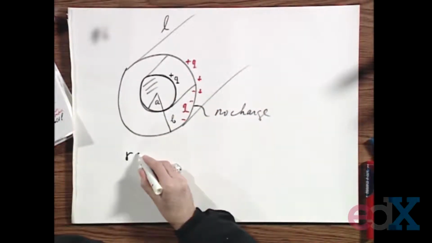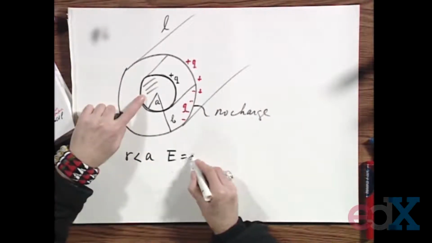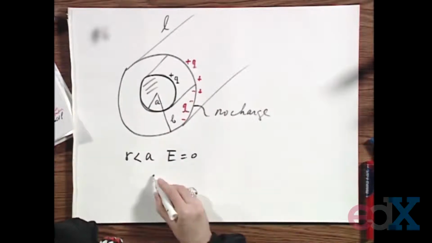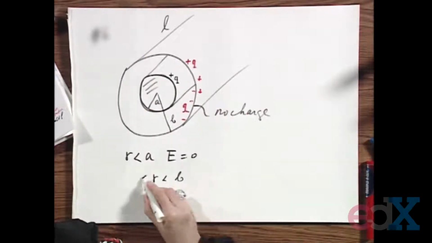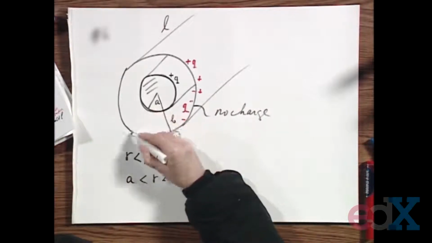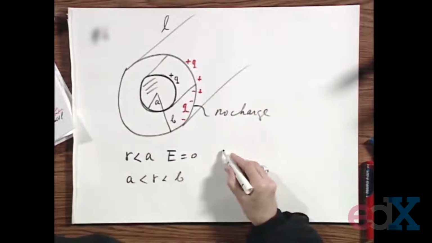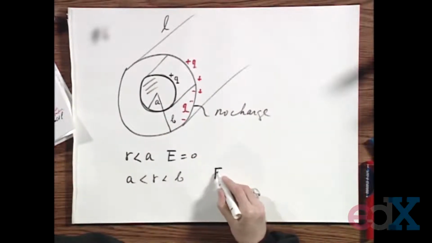Well, R less than A, inside this metal, E is 0. That is easy. R larger than A and less than B, which means in this opening, we've done that before. I think you should do that yourself.